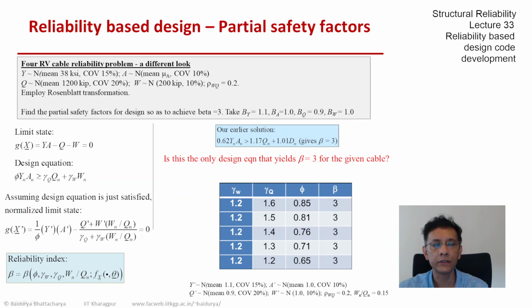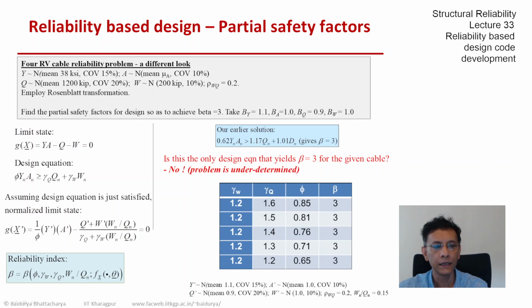So obviously this is an undetermined problem, so there are infinite possible solutions for the 3 partial factors of safety. So obviously things are not hopeless, and we are going to talk about that, and we'll find out how to reach the best possible set of these phis and gammas for a certain application.